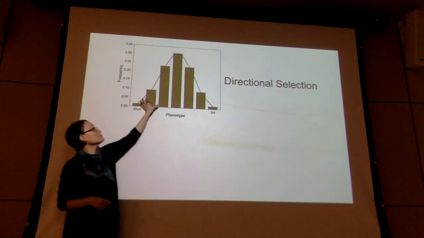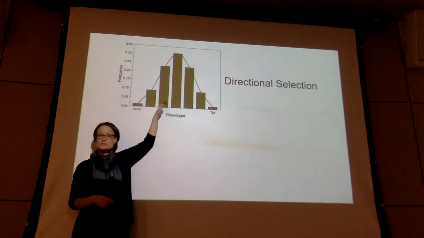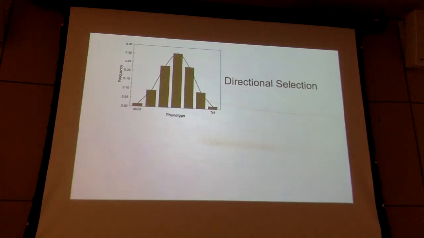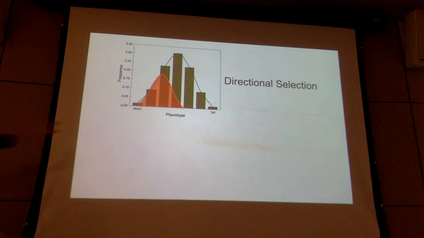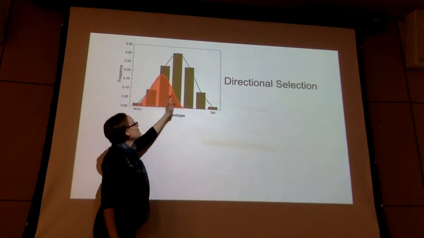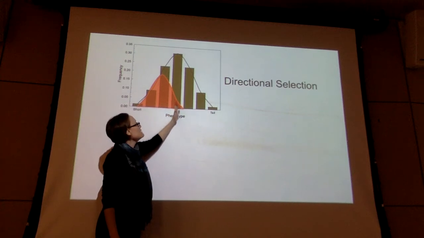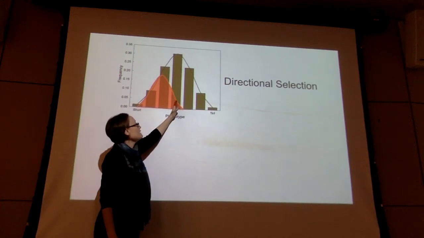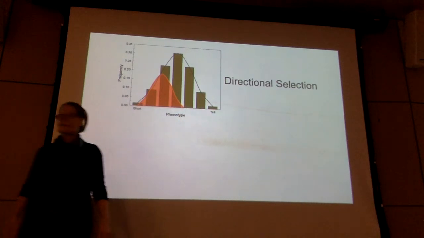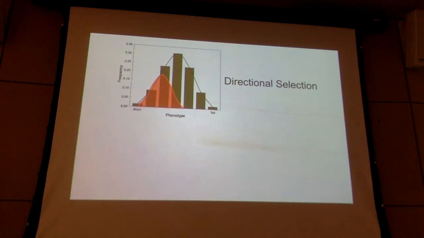Okay, so you would prevent the shorter individuals then from reproducing to generate the next generation. So we take out those shorter individuals as indicated by this red shade here. What's going to happen to our mean phenotype, which began here? It's going to shift to the right. Okay, and that shift to one direction is directional selection.